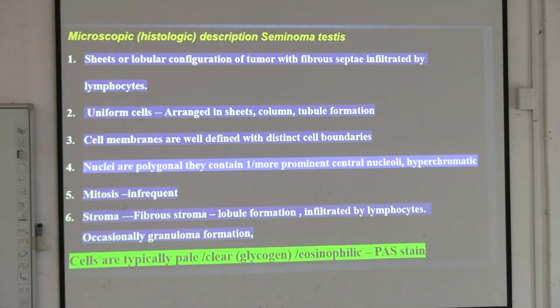Now microscopy, very important. In the examination you have to know the gross features and the microscopy. If seminoma comes as a short note, what is the microscopy? The tumor is composed of small round cells in sheets and a lobulated pattern, separated by fibrous stroma infiltrated by small lymphocytes.